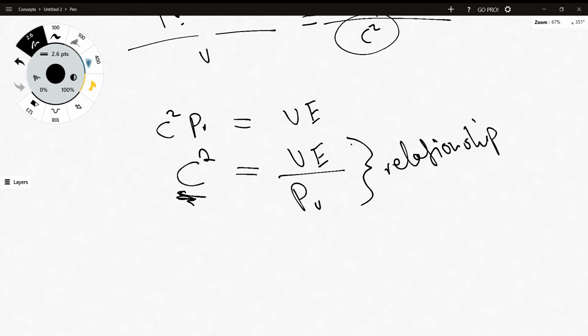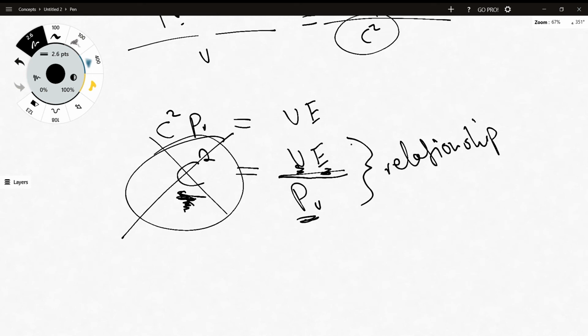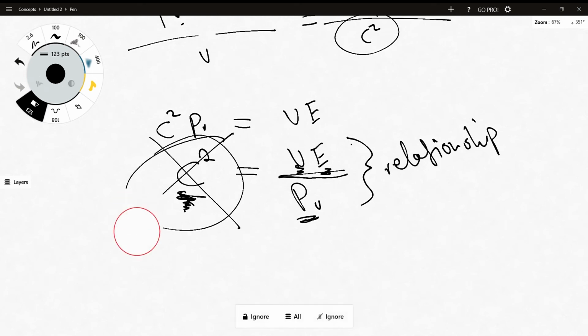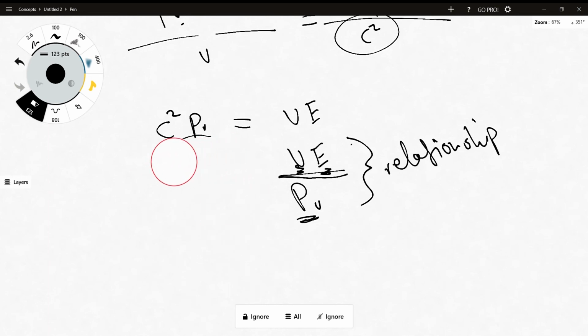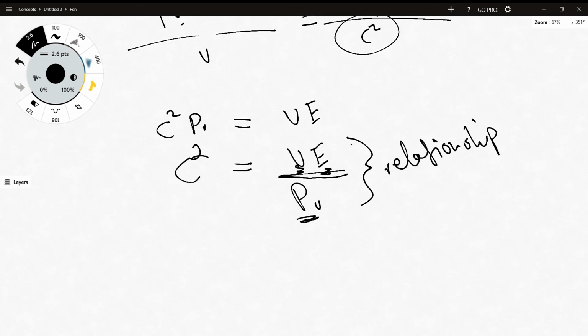It also says that if any one of these quantities were to reach or exceed the speed of light, infinity, if they were to approach infinity, it will completely negate this, because c squared is a constant, and if any one of these values were approaching infinity, then the constancy of c squared would be broken.